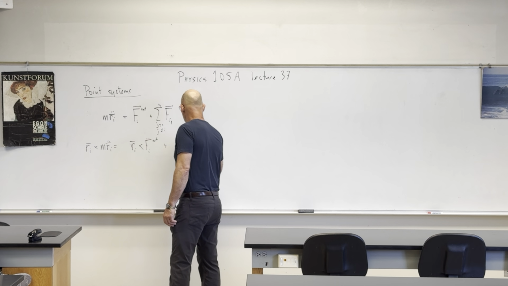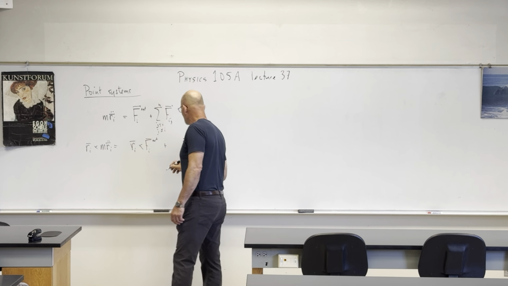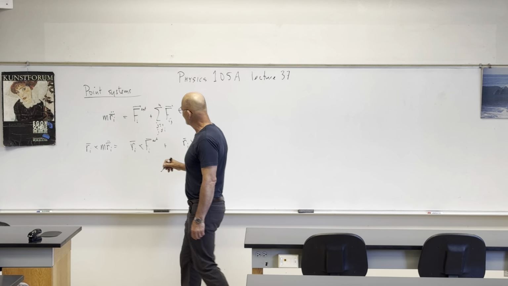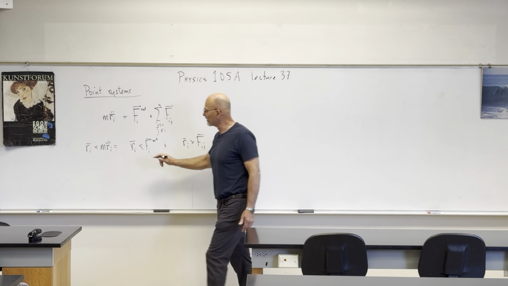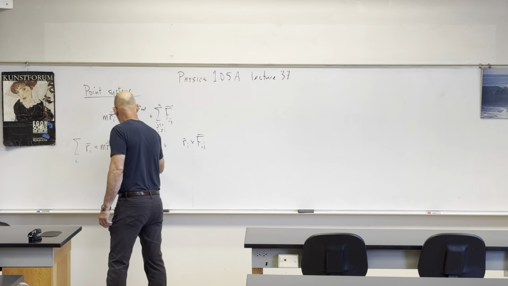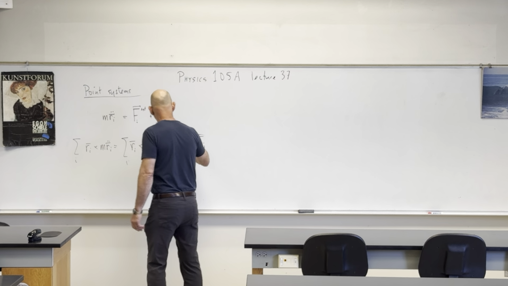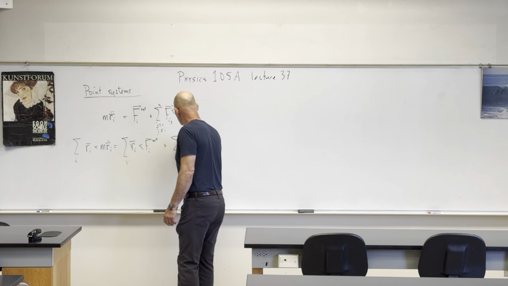Plus r sub i cross f sub ij. From Newton's law we have this equation and do the summation over all of these. This is now a double sum.